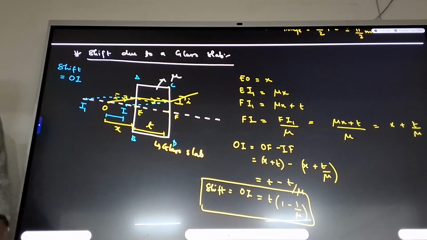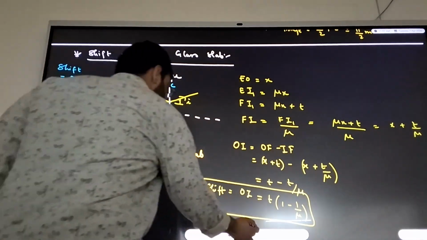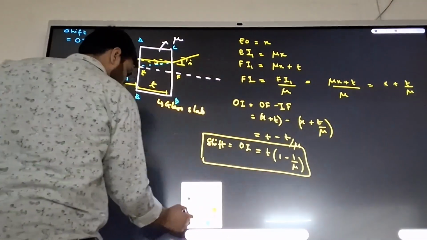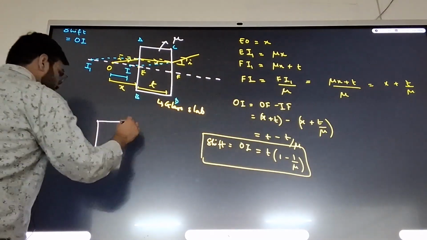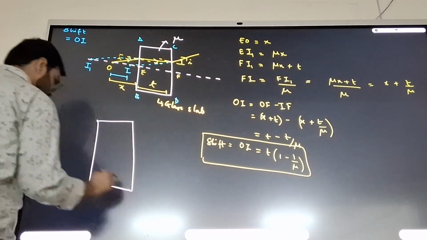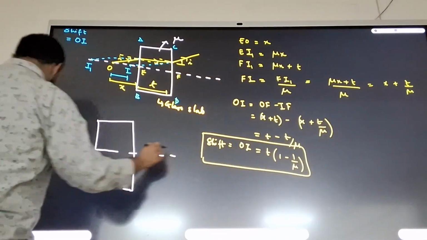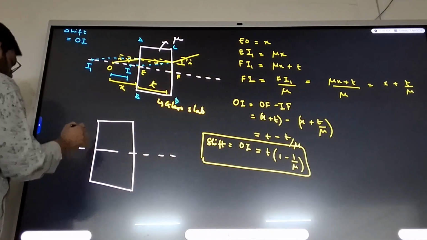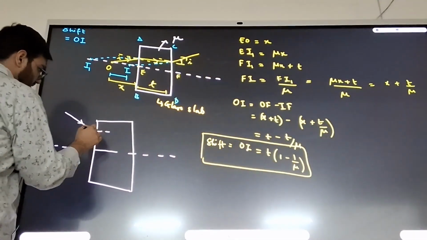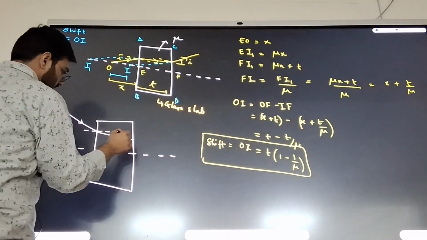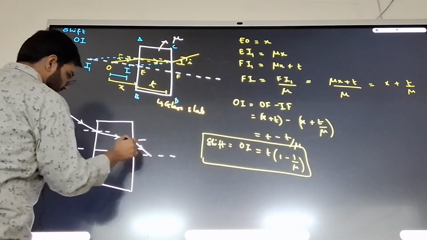If I have a, let me make the diagram and that will be much clearer. So let's make this diagram. You have a glass slab. The rays are coming from here. The refracted rays come here.